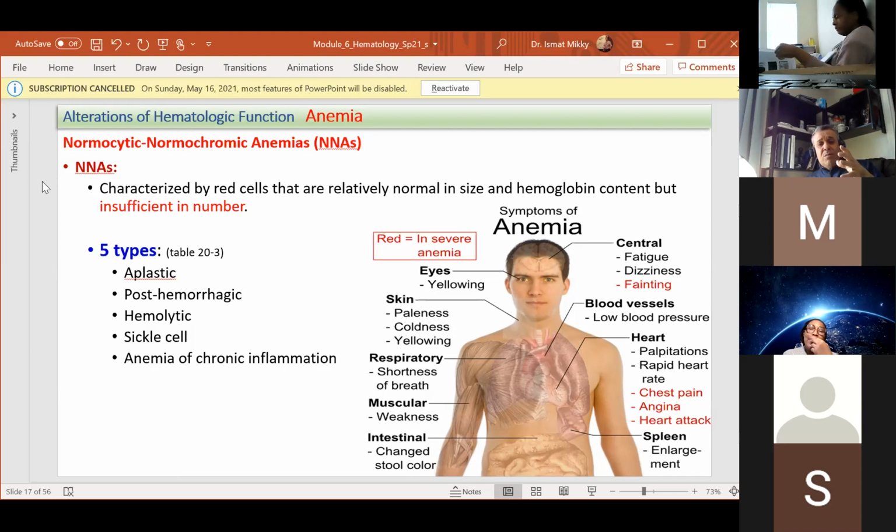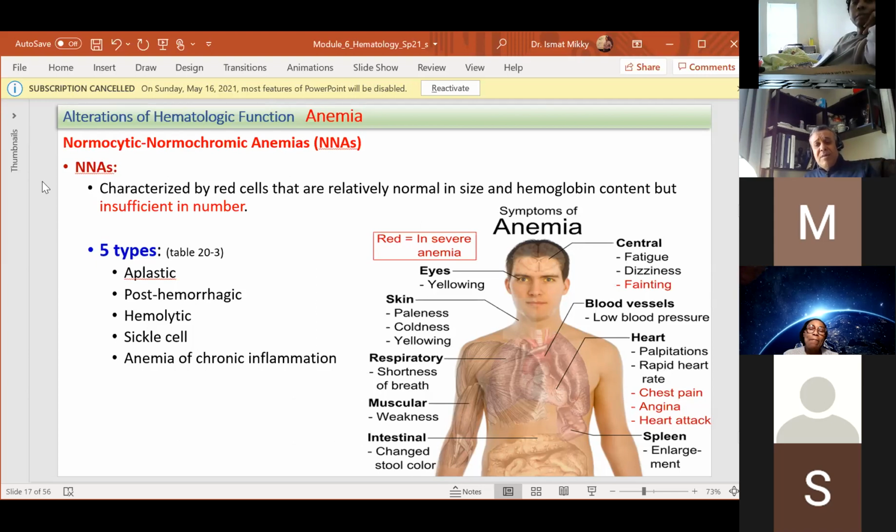So it's a pure red blood cell aplasia. And again, it can be congenital or acquired. Acquired, like patients who are exposed to ionizing radiation, chemical agents, or from viral or bacterial infections.